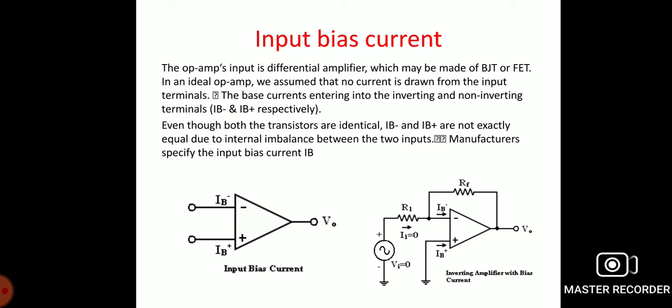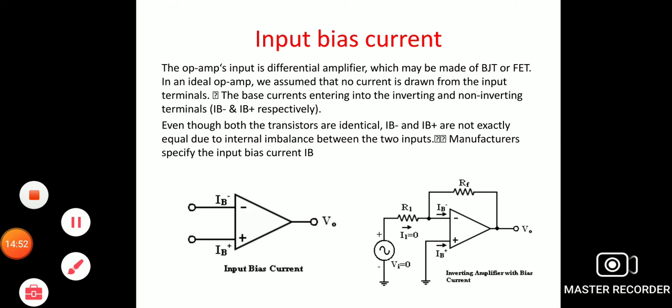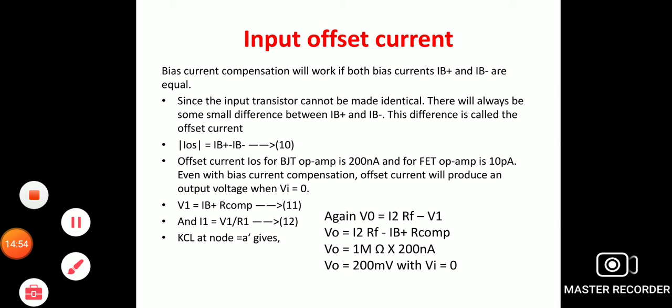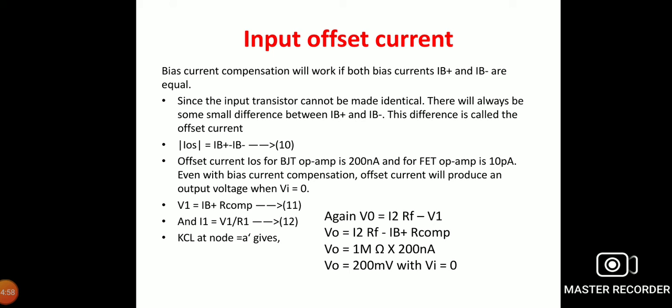Now we can move to the input offset current. With bias current compensation, the inverting base current and non-inverting base current are made equal. Since the input transistors cannot be identical, there will be some difference between the two currents.